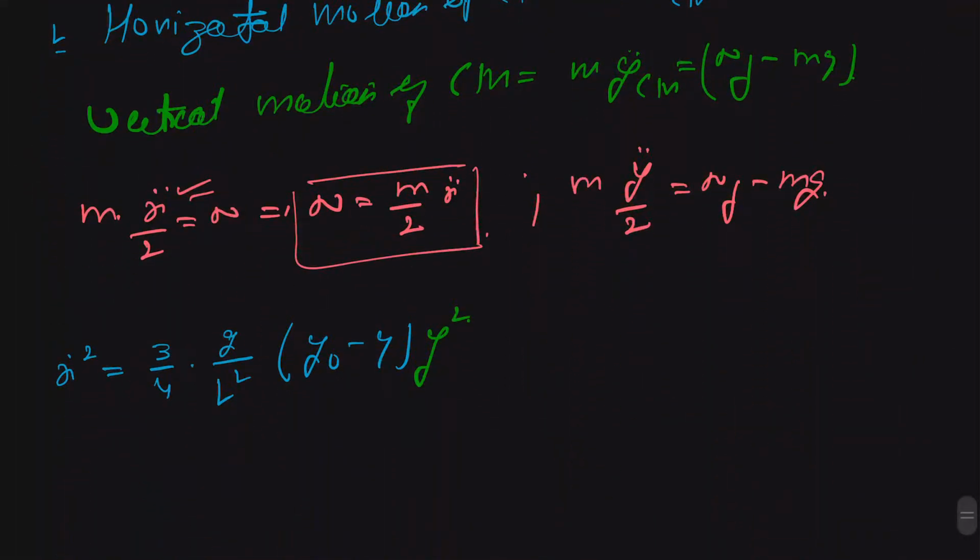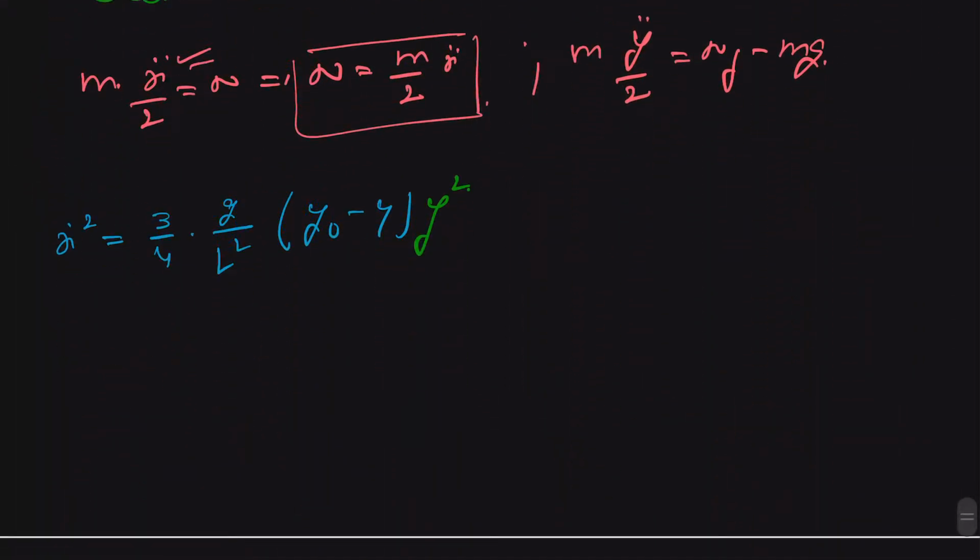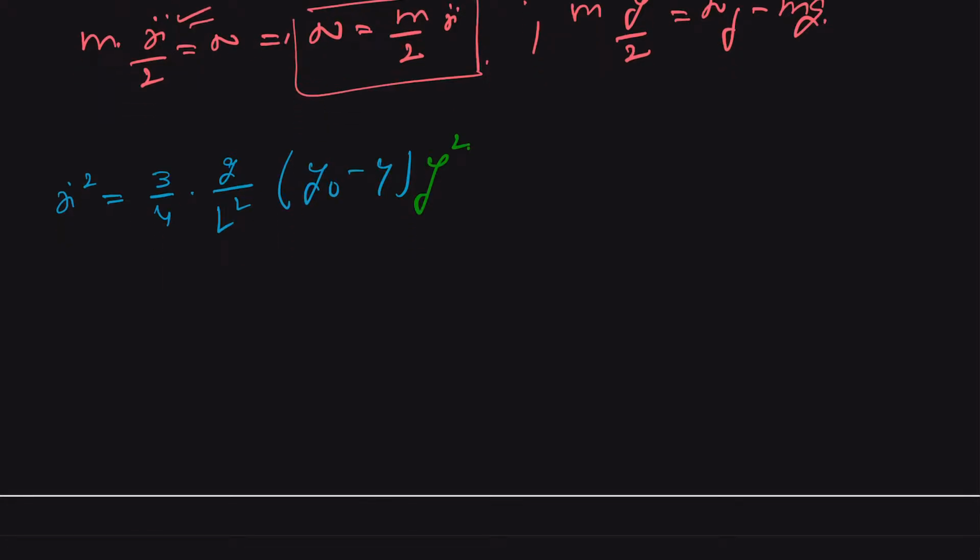So this comes as a y naught minus y multiplied by y square, and we differentiate it, and we get this as our 2x and double derivative.